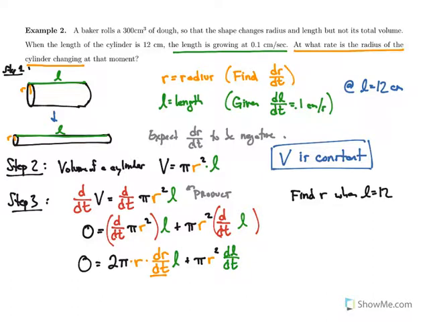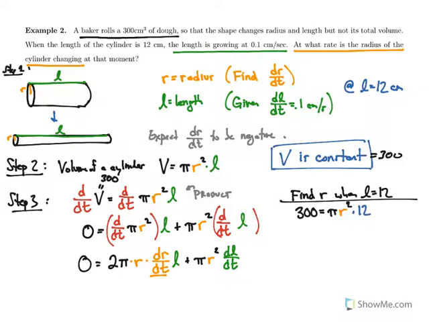In this case, we're actually going to have to use the fact that we have 300 centimeters cubed of dough. This is V. V is constant. It's equal to 300. So if I want to find R, I can plug it into the equation that 300 is equal to pi R squared times L, which is 12.